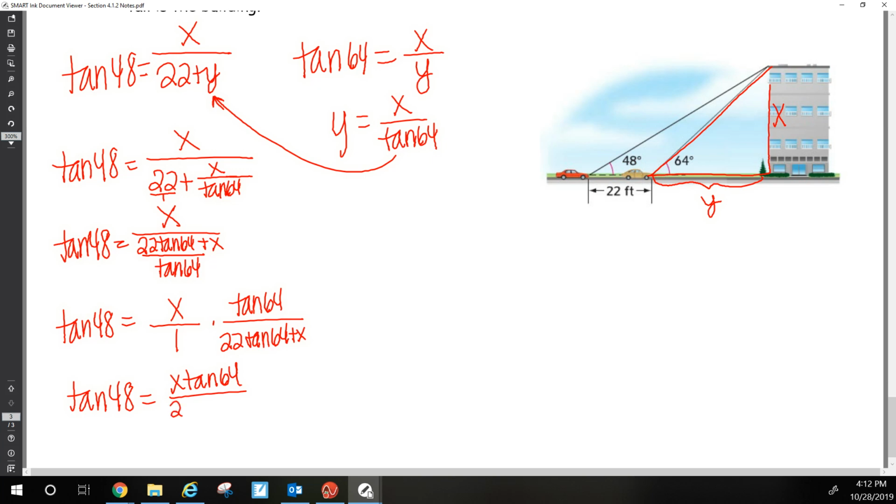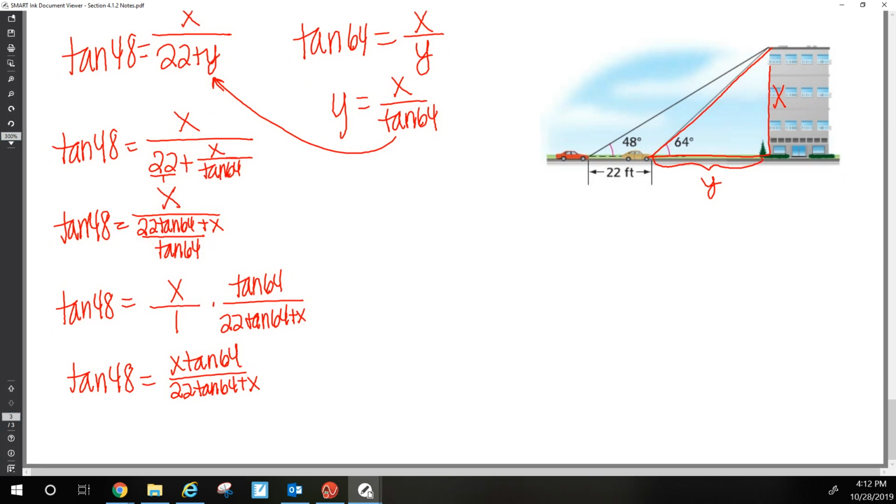1 times this is just 22 tan 64 plus x. All right, I'm going to get rid of this fraction, so I'm going to multiply both sides by 22 tan 64 plus x. See where the algebra is getting very tricky here.